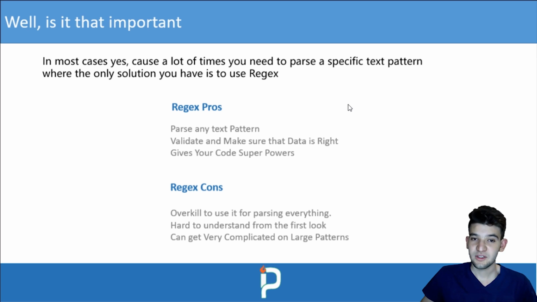So it's very hard to understand all of it at once. Also, it can get very complicated on large patterns. If you have a lot of data sets or a large complicated pattern composed of many things, it's going to be very hard to create the regex or even understand the regex for that particular thing.